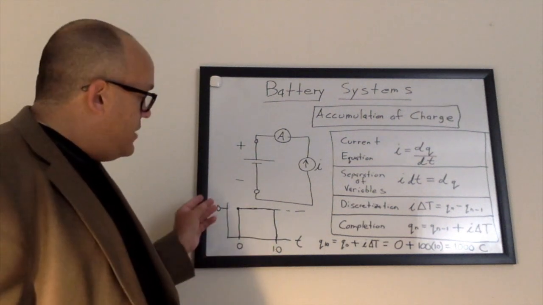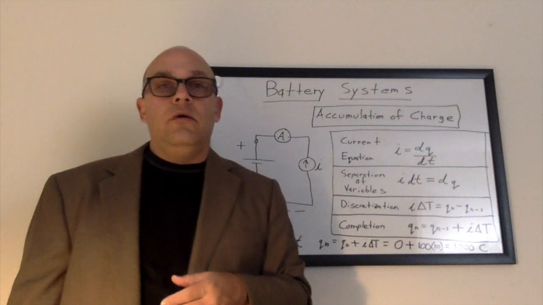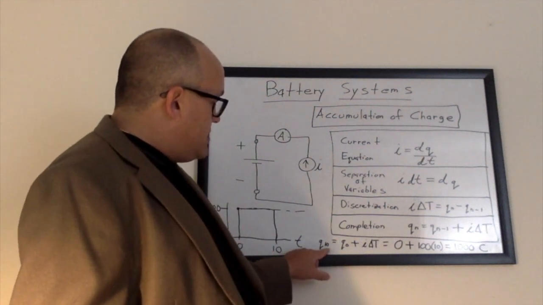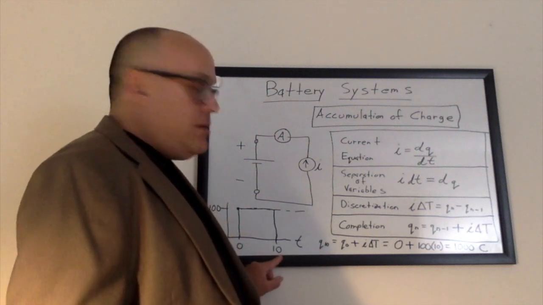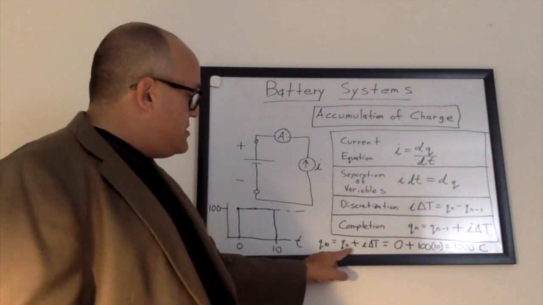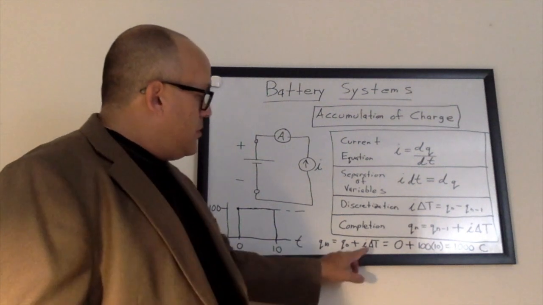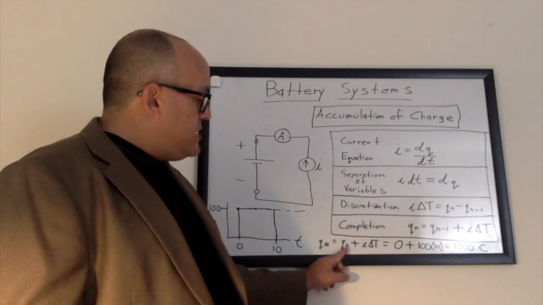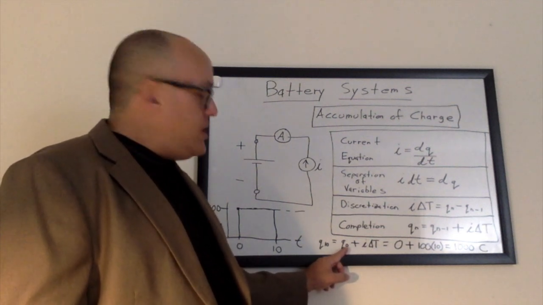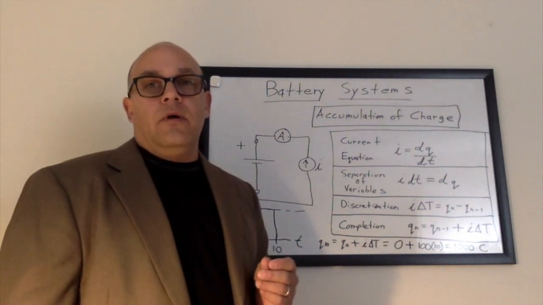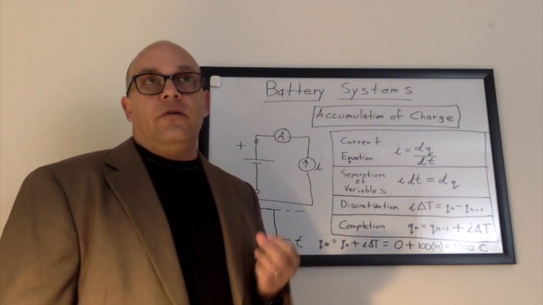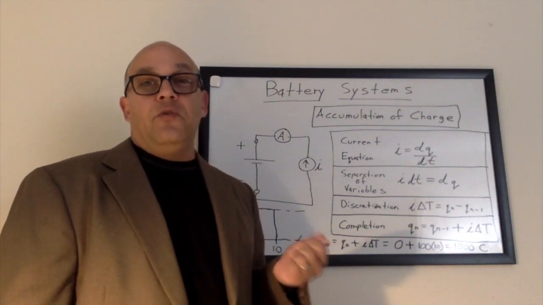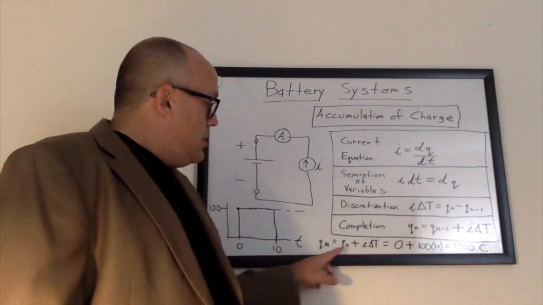Let's plug this into the current accumulation equation so you can start using this in a spreadsheet or an algorithm. The charge at time 10 equals the charge at time 0 plus the current multiplied times the time interval. Now the charge at time 0, given initial conditions, we're just going to say is 0. If this is a system that's been tested and you know what the charge actually is at time 0 and it's not 0, then you just plug that number in for time 0.